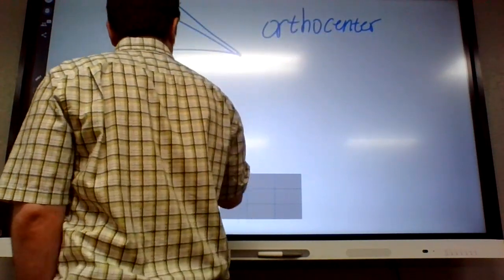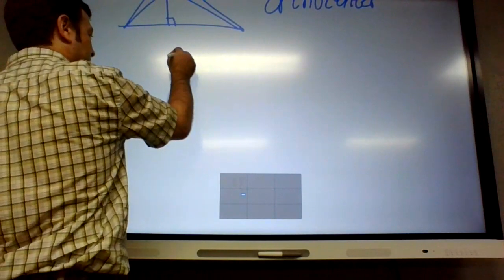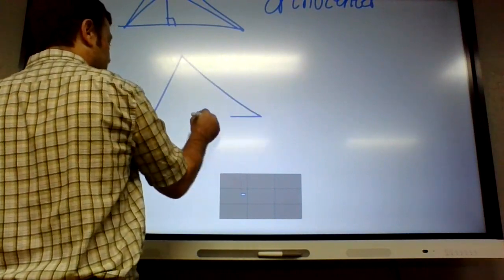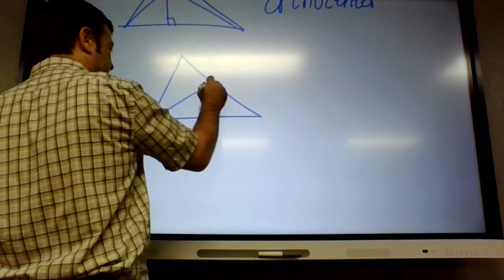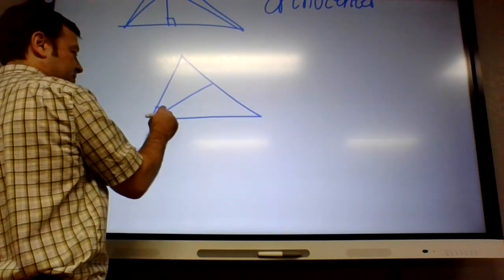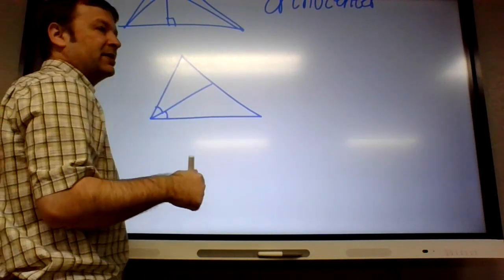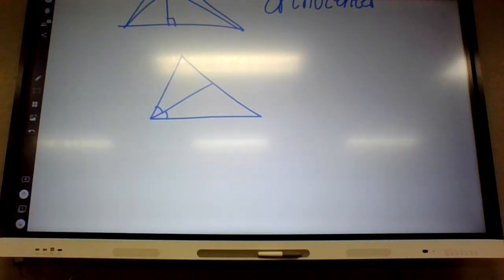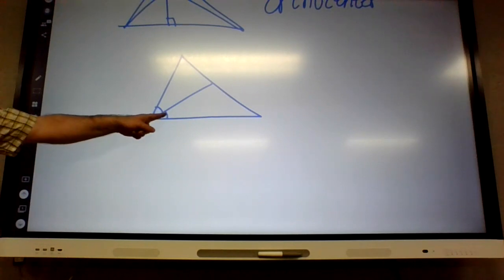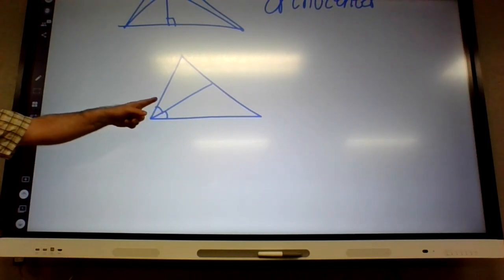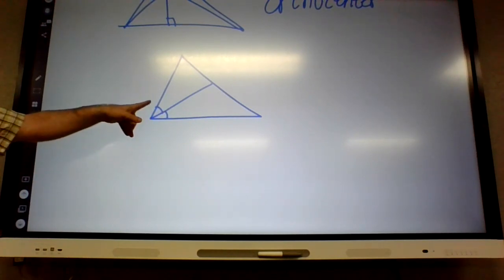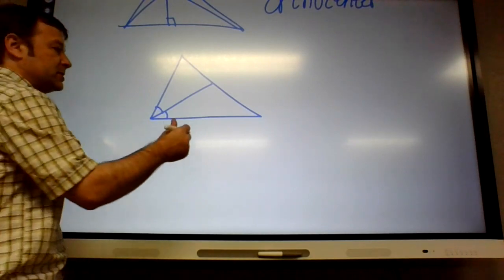Okay, so we got a couple of new things today. All right, do you guys know what kind of line this is? An angle bisector. How could you tell? The two little arc symbols tell you that the angle is being split into two equal ones.